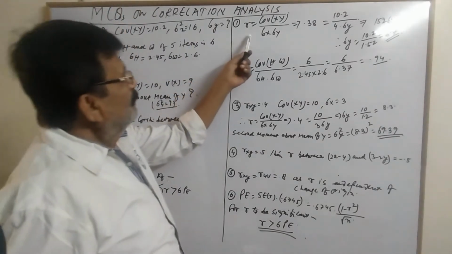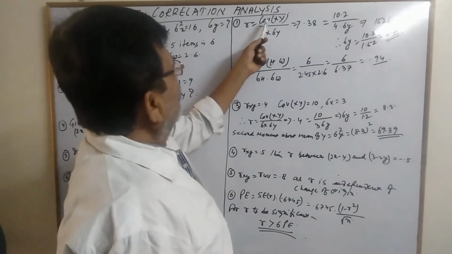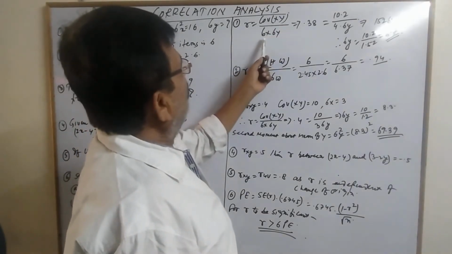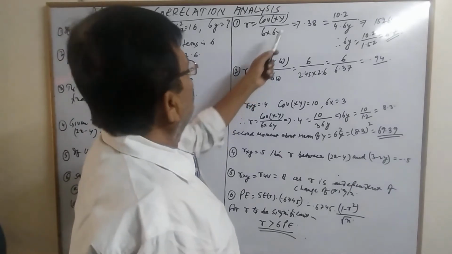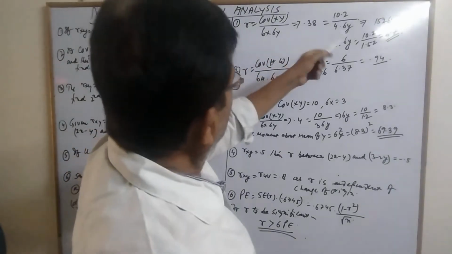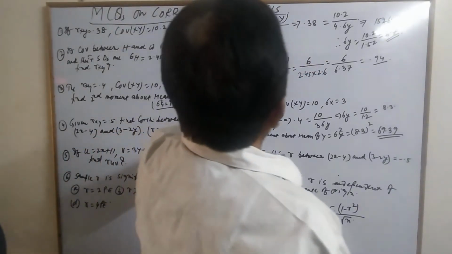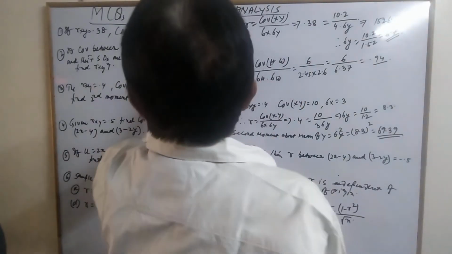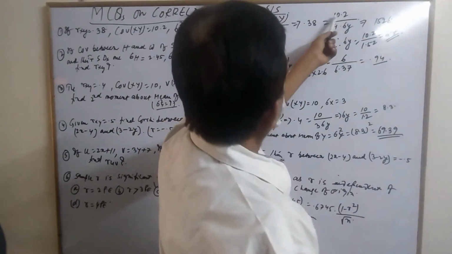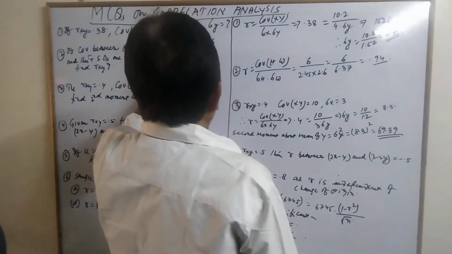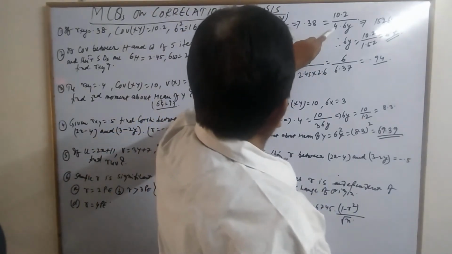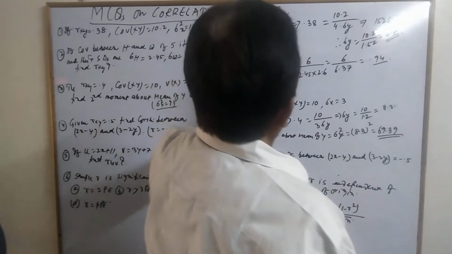Now, we know that R is the covariance xy divided by sigma x times sigma y, the standard deviations of x and y. Everything is given, and whatever is not given has to be calculated. R is 0.38, covariance is 10.2, and variance of x is 16, so the standard deviation of x would be 4, into sigma y.